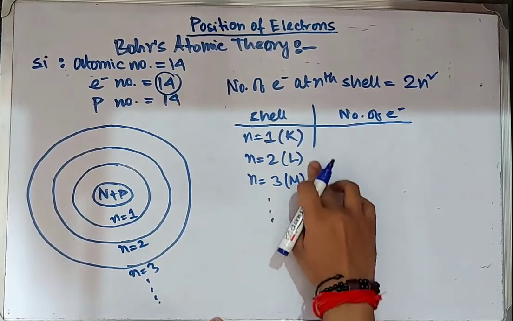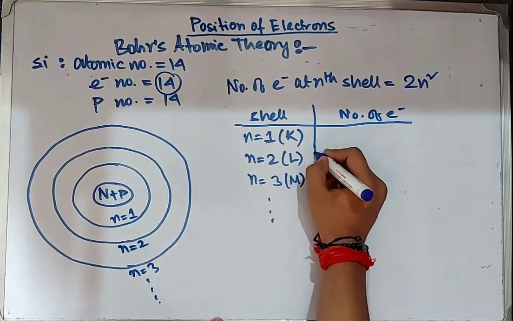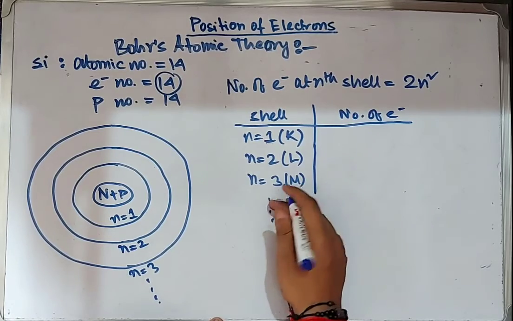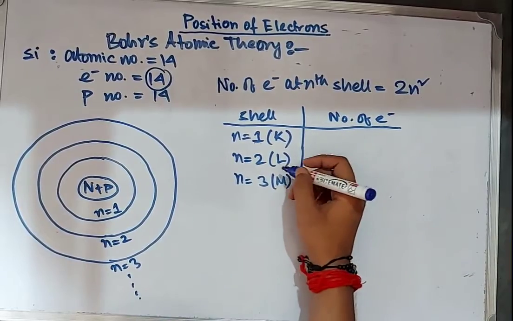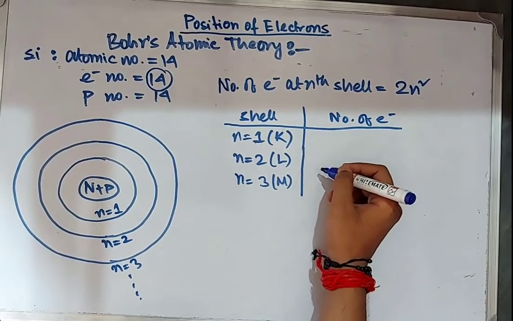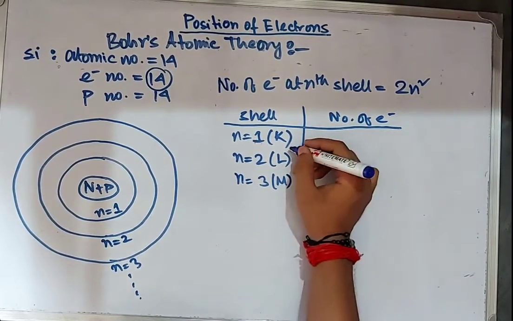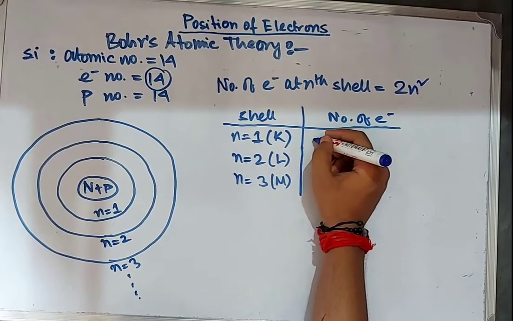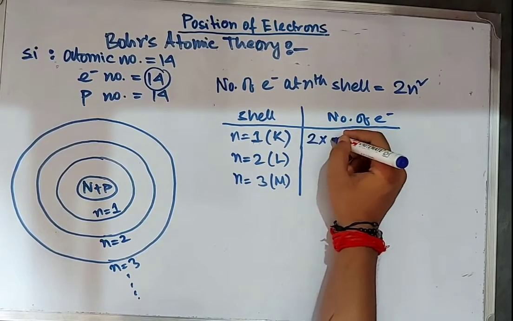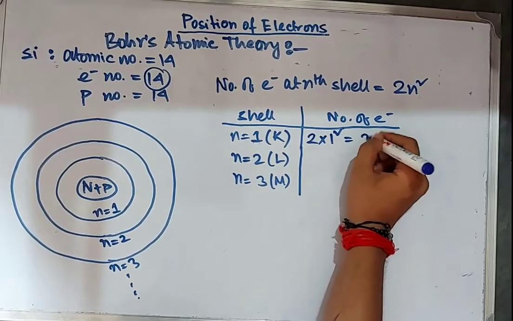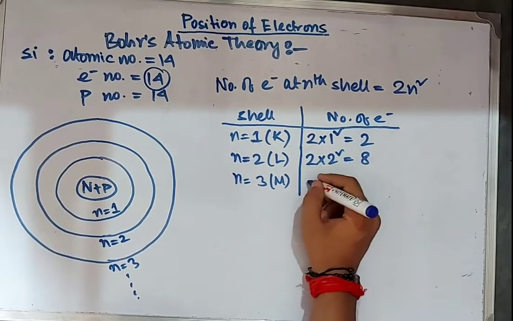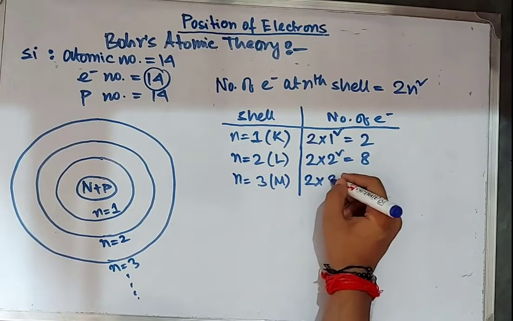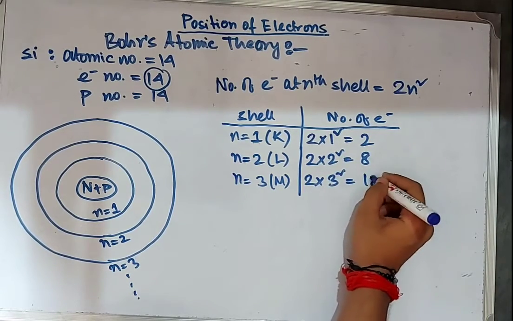But as we have only 14 electrons, we don't need to go beyond n equal to 3. At n equal to 1, the first shell, the number of electrons is 2 into 1 square, that is 2. The second shell, 2 into 2 square, is 8. And the third shell, 2 into 3 square, is 18.